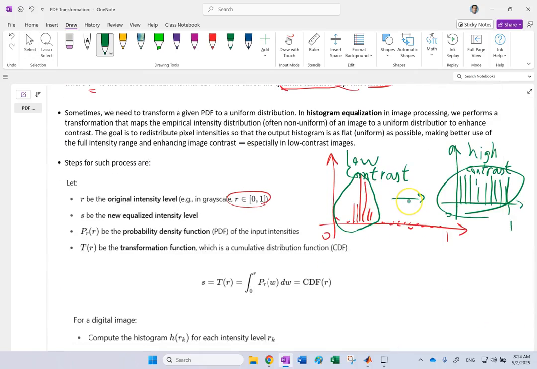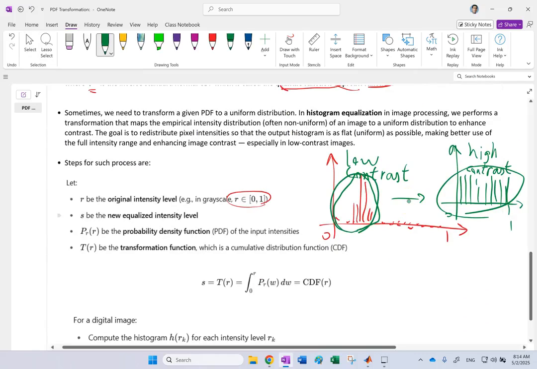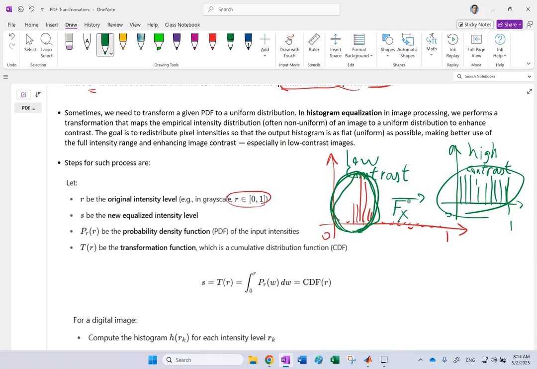Here we are doing the opposite, so what kind of function should I apply to this arbitrary one? Exactly, the CDF itself. If I apply the CDF of this PDF to X, then I go from the arbitrary X to the uniform U. All I need is to find the CDF of this histogram and apply it.